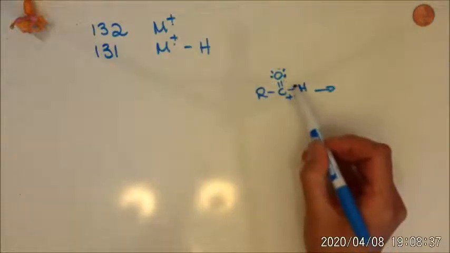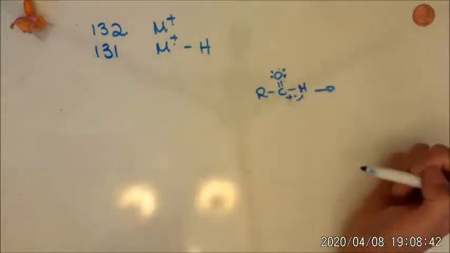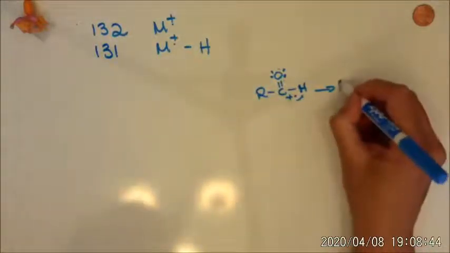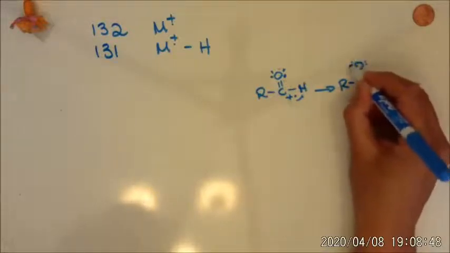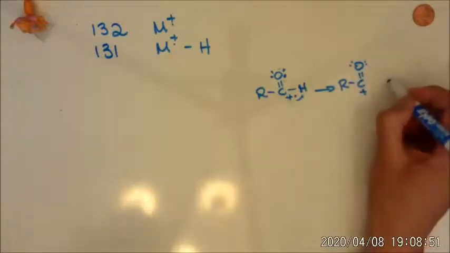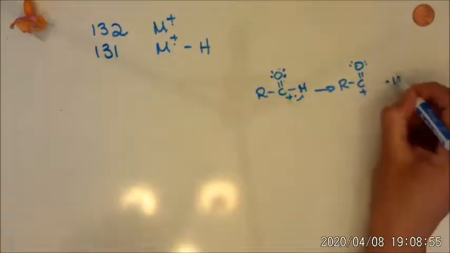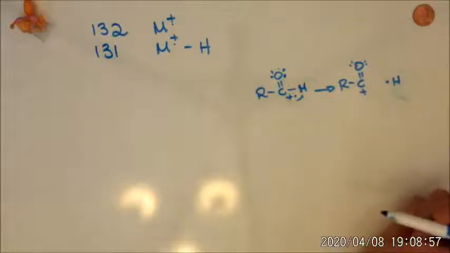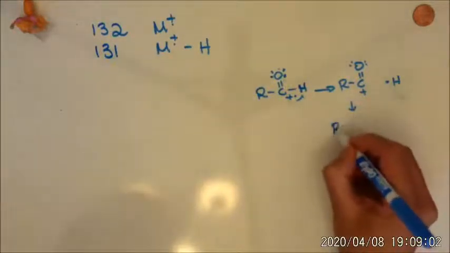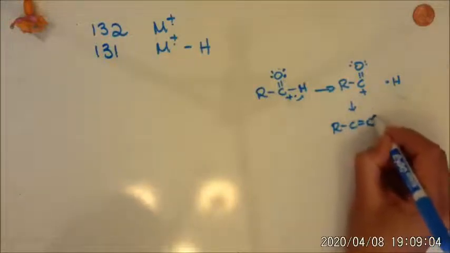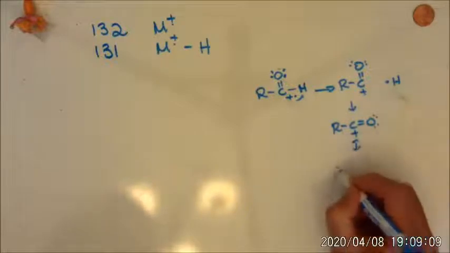If I have this radical cation, and this electron goes with my hydrogen, what I form, I'm going to redraw this for you in just a moment, is my cation here, and my hydrogen is a radical. But this doesn't actually appear to be stable. What I form is an acylium ion, because now this is in resonance.